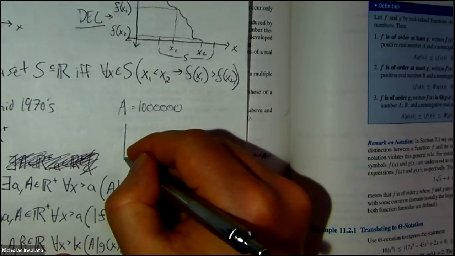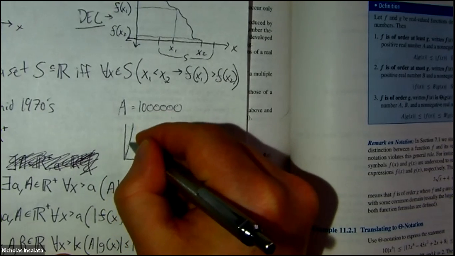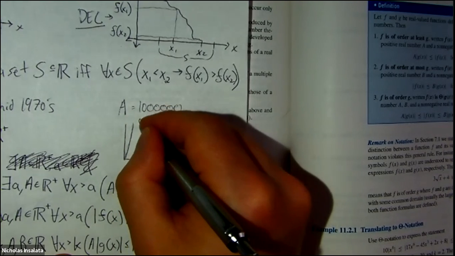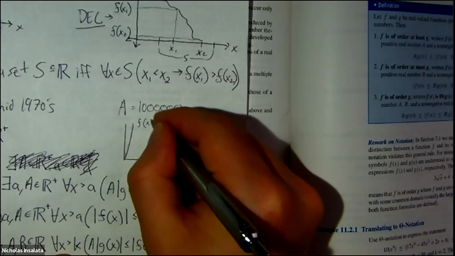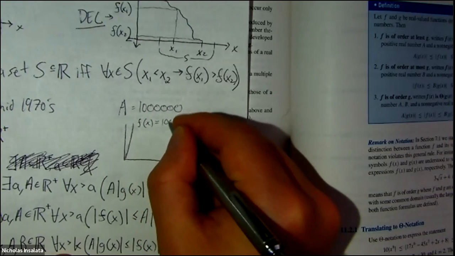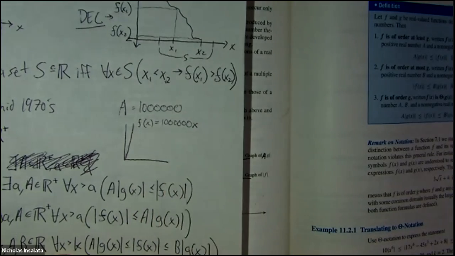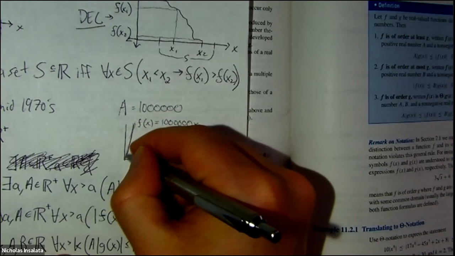So we have a really steep line here. This is not to scale because that's only a slope of like 3, but you get the idea, right? So here's f of x, f of x equals 1 million x, a million times x. So it's a linear function. Sorry, it looks kind of curvy. I meant to draw a line here. This is just a line, right?